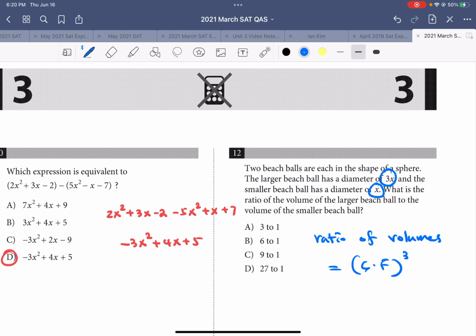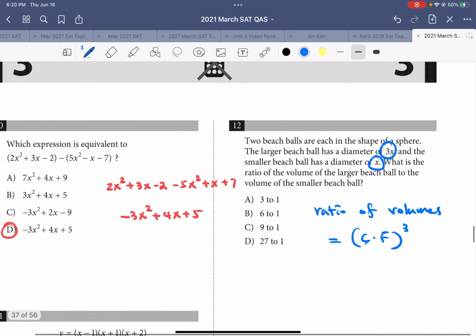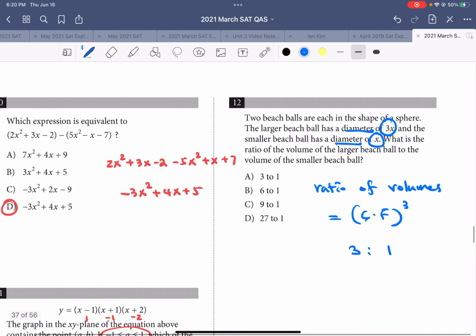As long as they are similar figures. Of course, all spheres are similar. So the scale factor, the diameter ratio, is 3 to 1. Now, the ratio of the volume is cubed. So 27 to 1. So the answer should be D. So for similar figures, the ratio of the volumes is the cube of the scale factor.